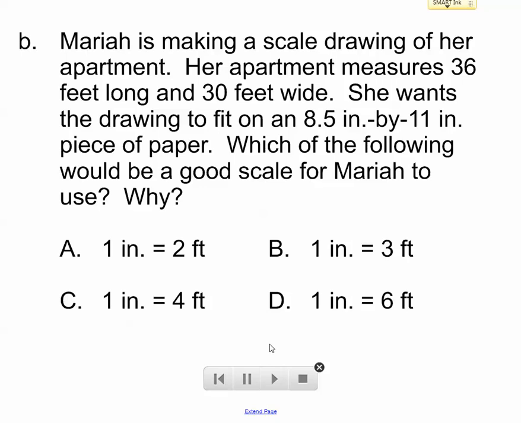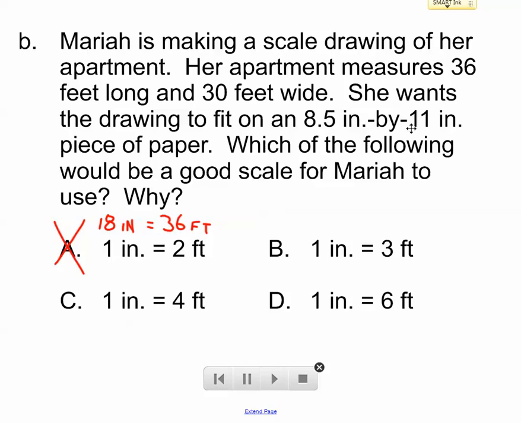Why? Well, the first thing I would do is, you kind of got to check all of them to see which is going to work. For example, on this first one, the room is really 36 feet. So just using some mental math here, a 36-foot long room would have to be represented by 18 inches on the scale drawing.